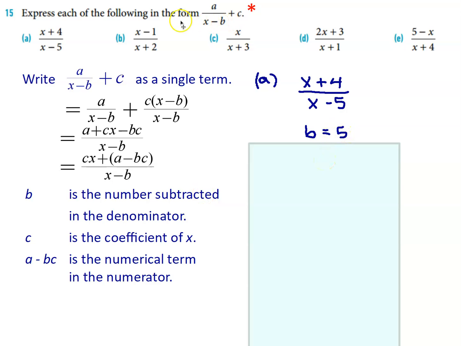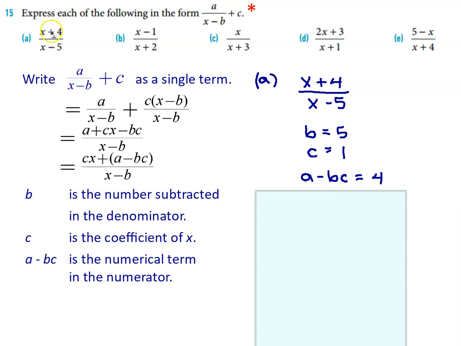So that has to be the same as that. C is the coefficient on x. So in this case, the x on top, that is. So in this case, the coefficient of x is just 1. So c equals 1.